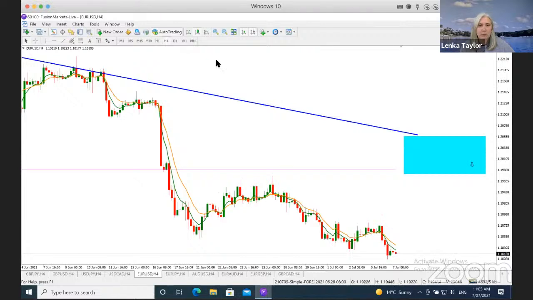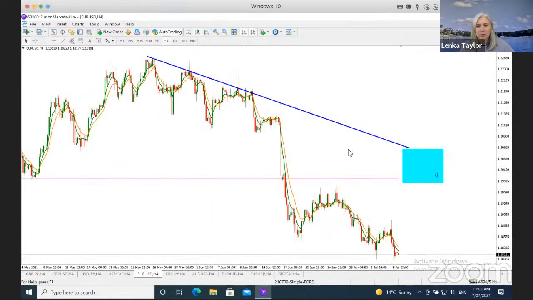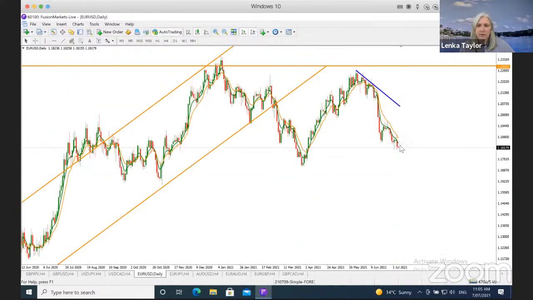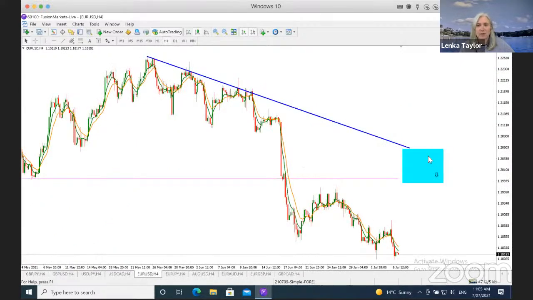In terms of the 4-hourly setup, I'm looking for a short, but after a pullback, either to the horizontal line, to the previous peaks there, or to the trend line. As now, I feel it is already in play, so looking for the next opportunity there. Looking for a short at this point.